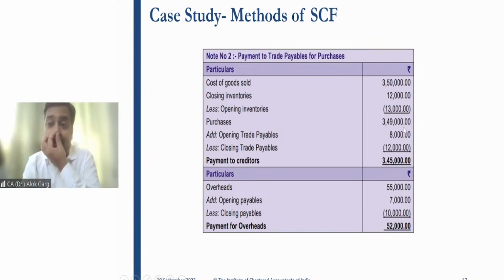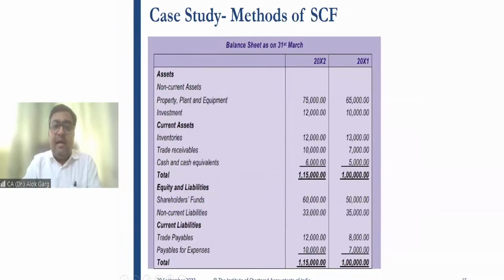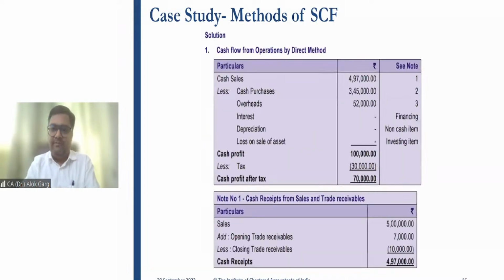Are you able to understand that? That's what I have done now. So net purchases which I have made during the year is 3,49,000 rupees. And friends, I have a creditor outstanding. It was opening 8,000 rupees, but closing creditor outstanding is 12,000 rupees. It means even whatever I purchased during the year, I have not paid completely to them.